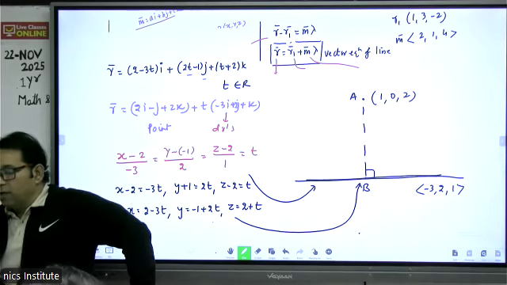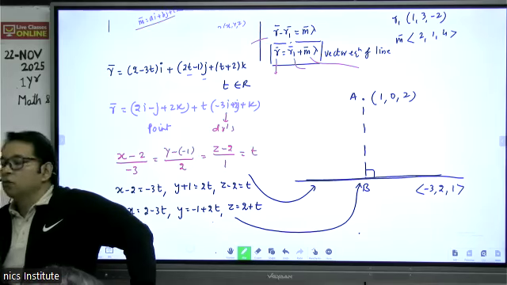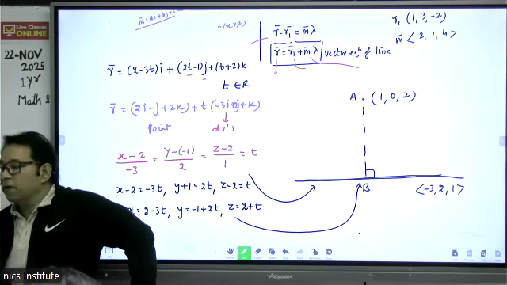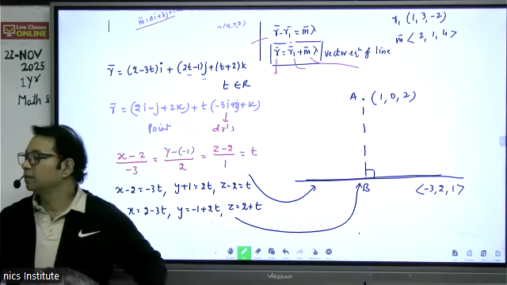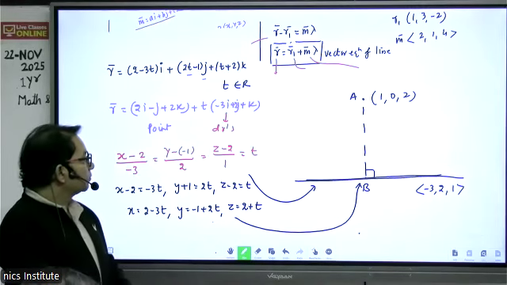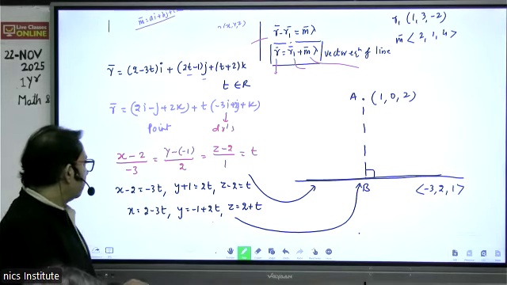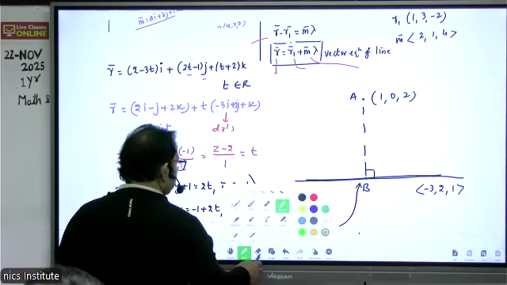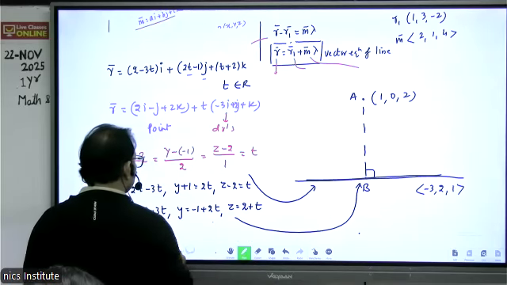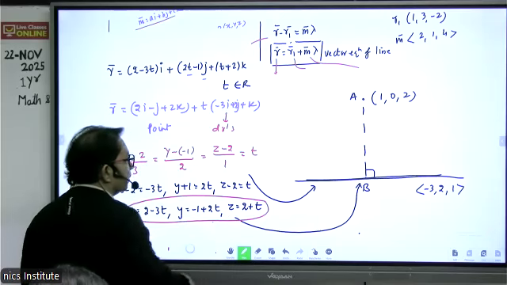You have coordinates of B, you have coordinates of A. Subtract the two and then find DRs of AB. By subtracting A and B, you can find DRs of AB.